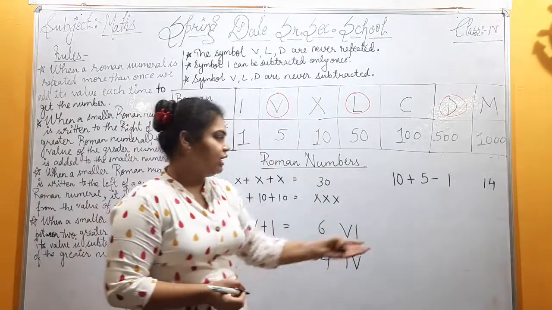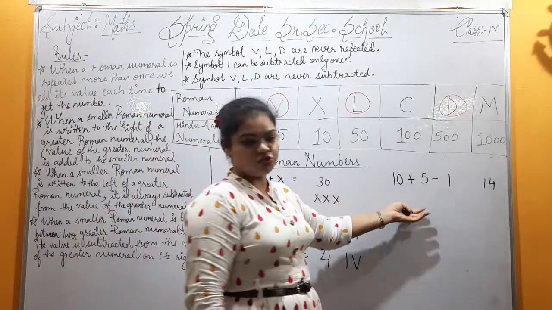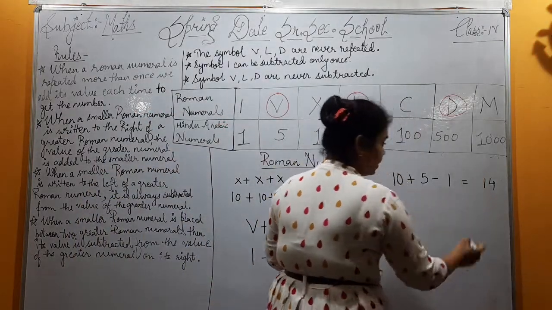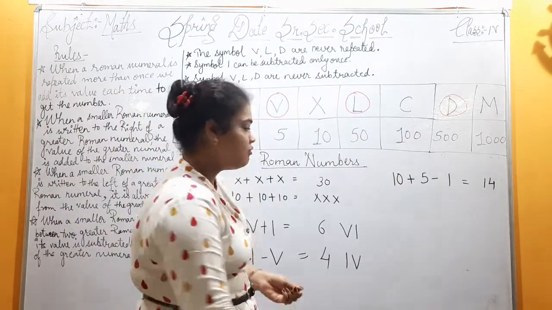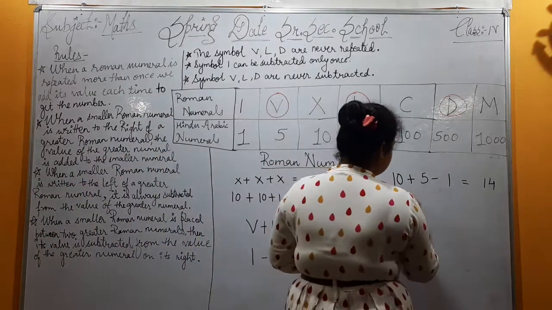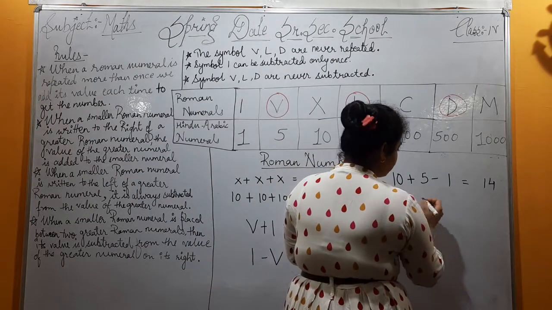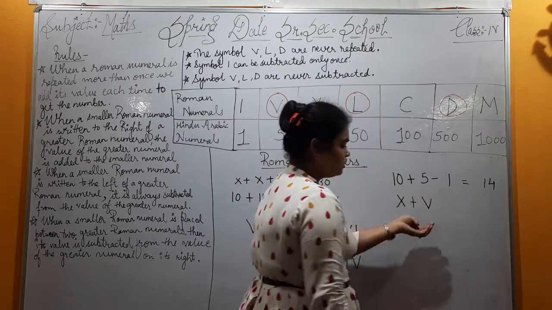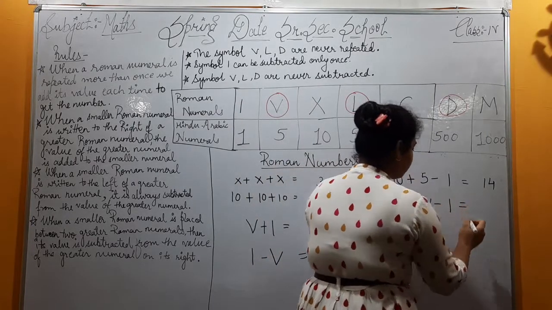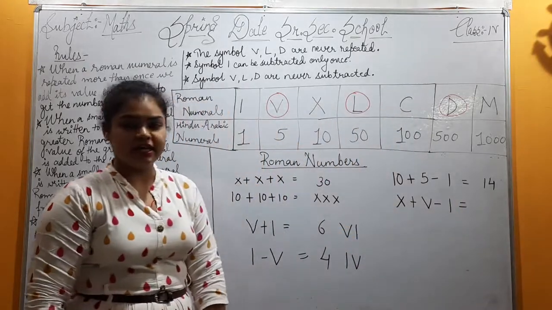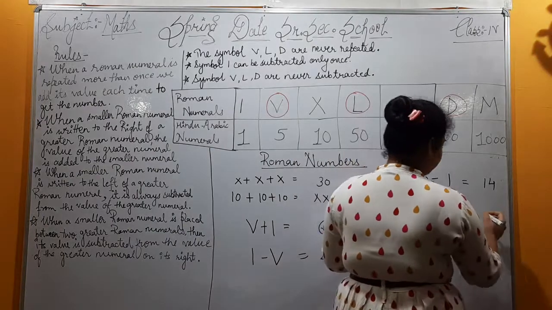Okay. Like this we do in Hindu-Arabic numerals to get the number 14. So, for this we will write X, which denotes 10, plus 5 we write V, minus 1, that is I. What is the number we get? That is 14. How will we write this number?